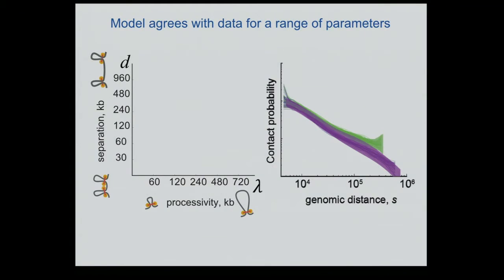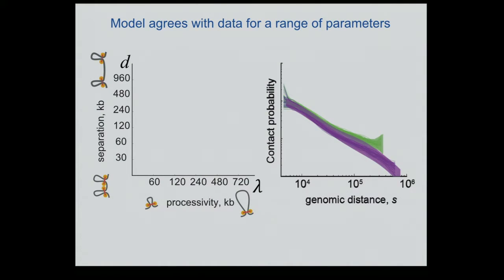So when I scan through the 6-dimensional parameter space and select the top 100 scoring models, they agree really well with the contact probability scaling, both between domains and within domains. I selected them by this criterion, so I can find them in this 6-dimensional parameter space. And then it asks, where do these top scoring models land on this diagram?